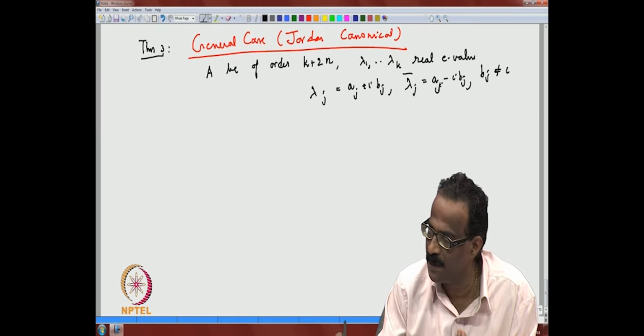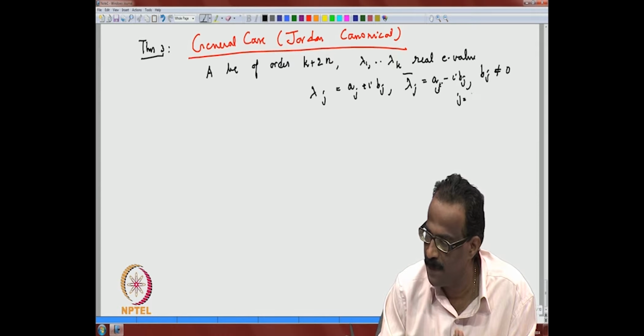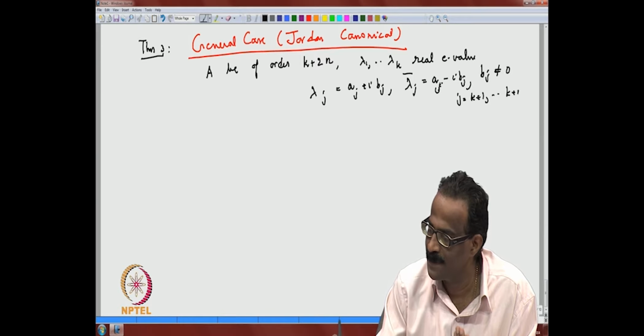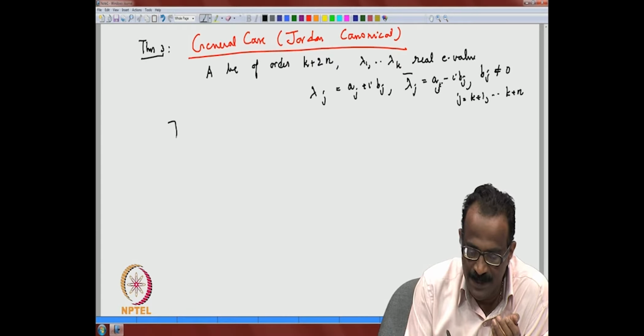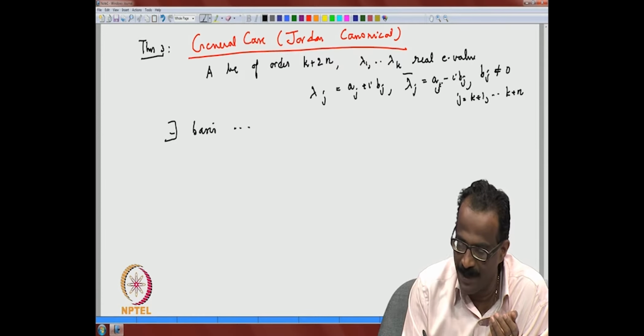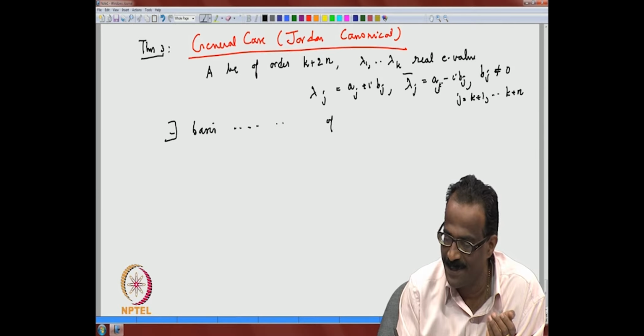It is a complex eigenvalue and j runs from k plus 1 to k plus n. So, you have all the eigenvalues and then there exists a basis of generalized eigenvectors.